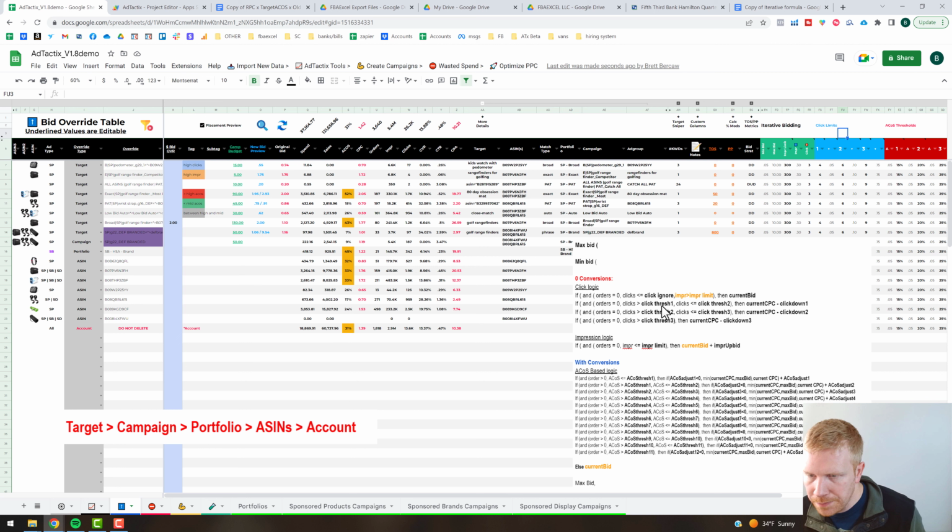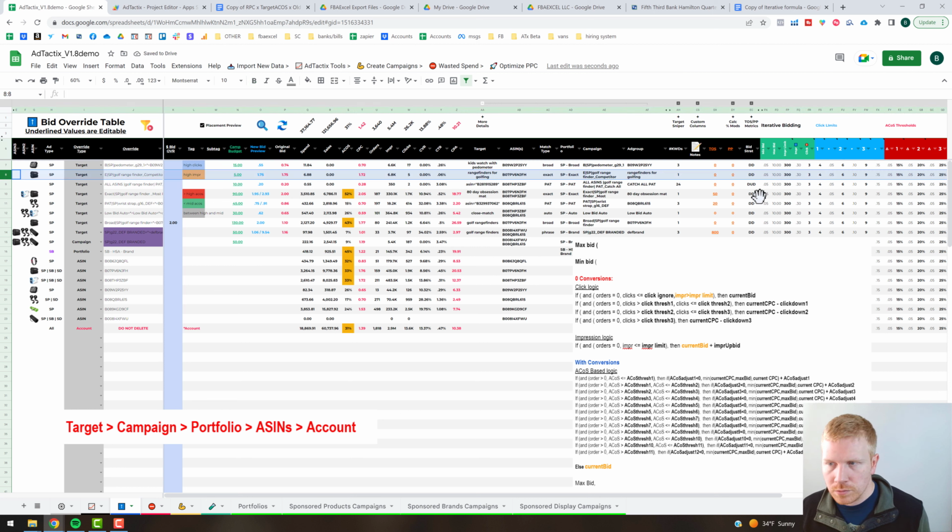You can see down here for click threshold 1, if your clicks are greater than click threshold 1, let's find one here. We've got a 4, so it's not greater than; let me cheat it and say that's 5. Greater than 4, and your clicks are less than or equal to click threshold 2, which in this case we are, because we're between 4 and 6.